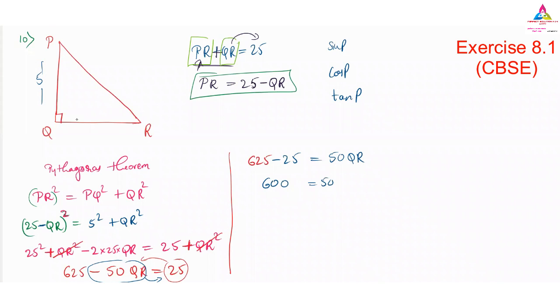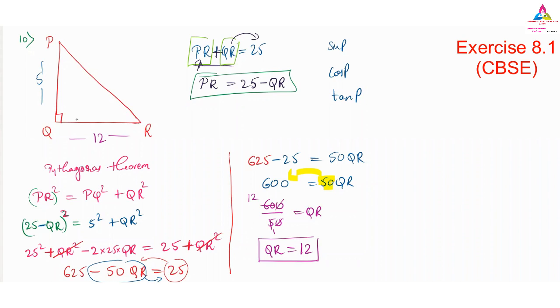Here we have 50 into QR. Now I'm shifting this 50 to the left hand side, so it will become 600 divided by 50, that is equal to QR. The zeros get cancelled, 5 ones are 5, 12s are... So what is the QR value? 12. So we can find that QR is 12 centimeter.